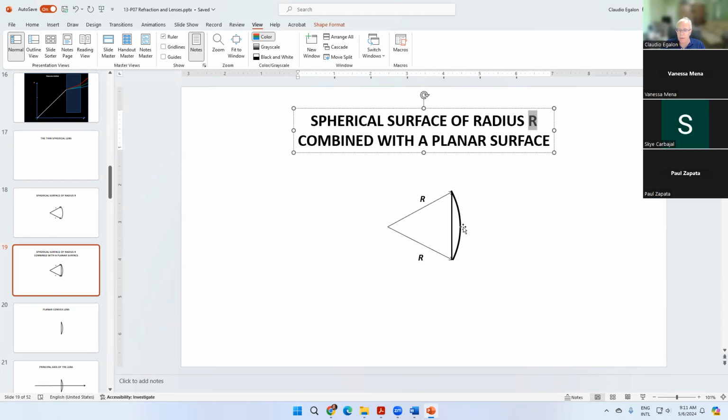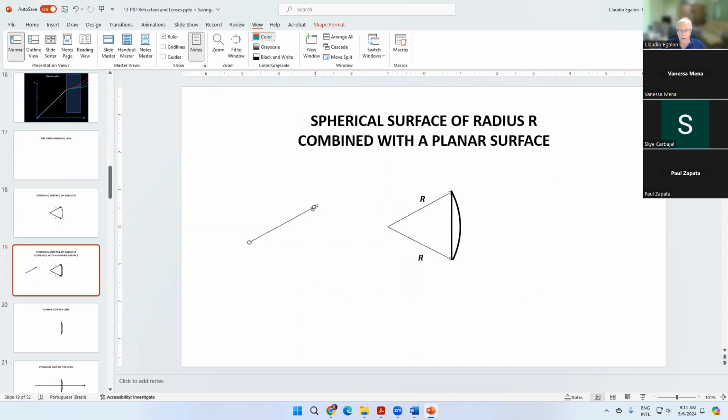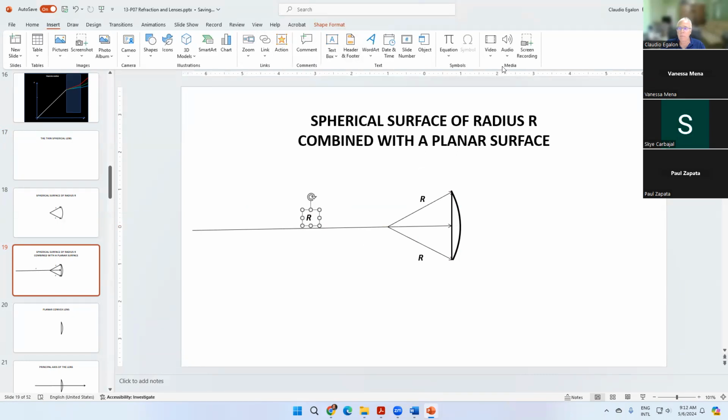The radius of curvature of this surface is r, whereas the radius of curvature of this other surface, the planar surface, is going to be infinitely long. I want to put an equation right in here.